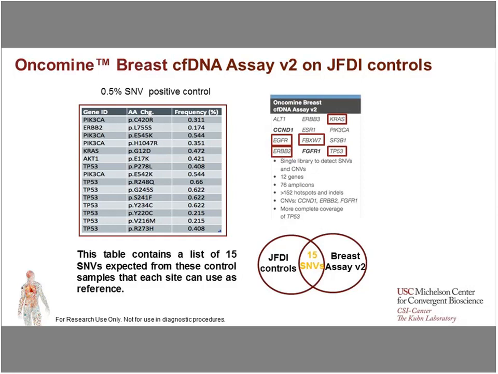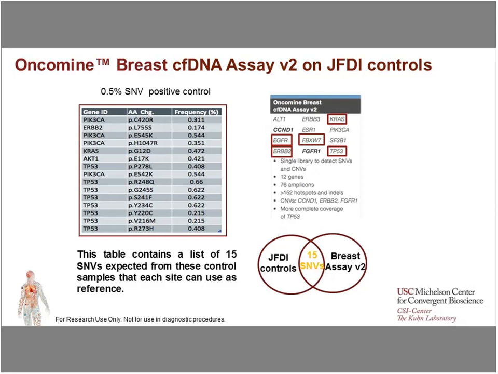So this table contains a list of 15 SNVs expected from 0.5% spiking control samples that each site can use as a reference. So this is our expectation from a typical 20 nanogram input. The expected numbers for 1% and 0.1% SNV control samples are also provided by Thermo Fisher for reference, which I will show side by side with our observed numbers later.